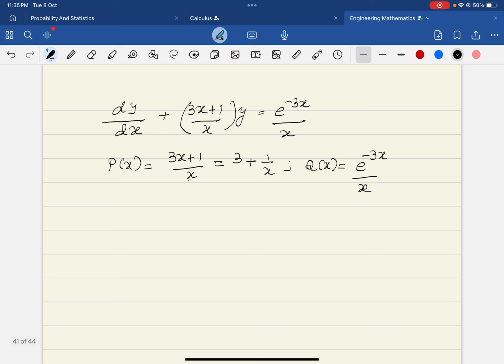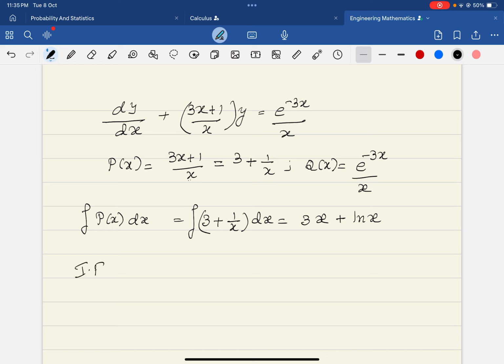Okay. Now our job is to find the integral of p of x dx. What is the integral of p of x? Integral of 3 plus 1 over x dx. So now 3 times integral dx is 3x, and integral 1 over x is ln x. So this is your integral of p dx.